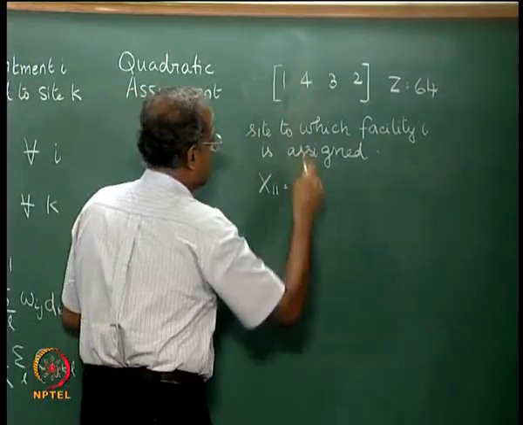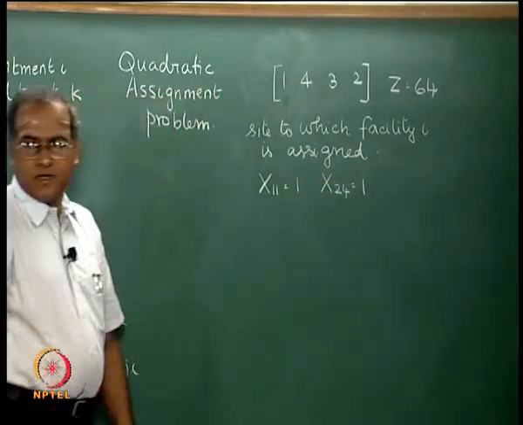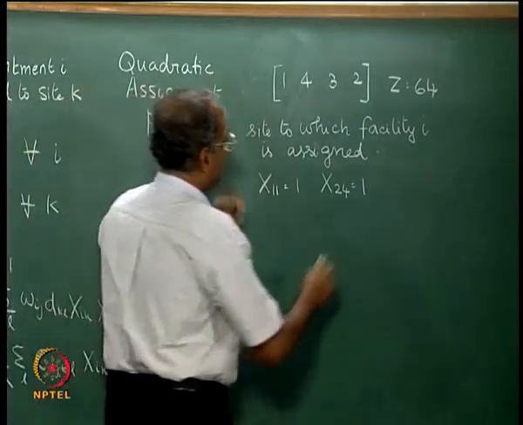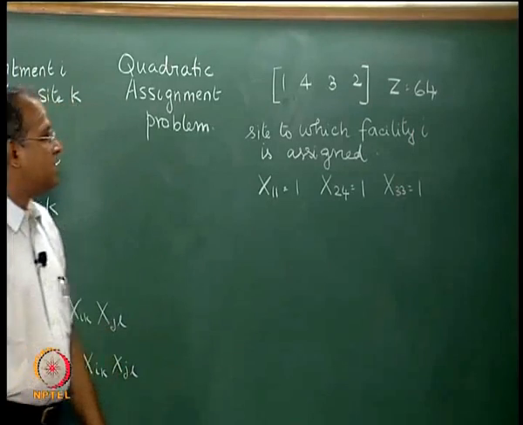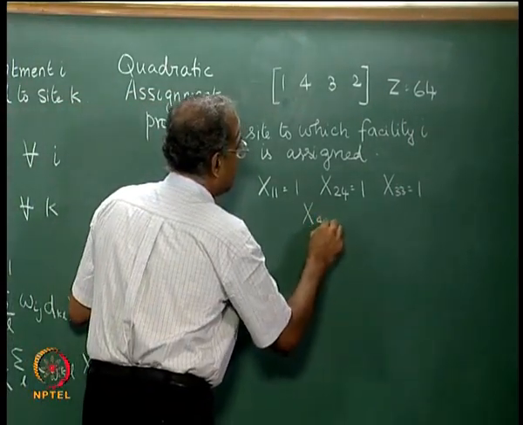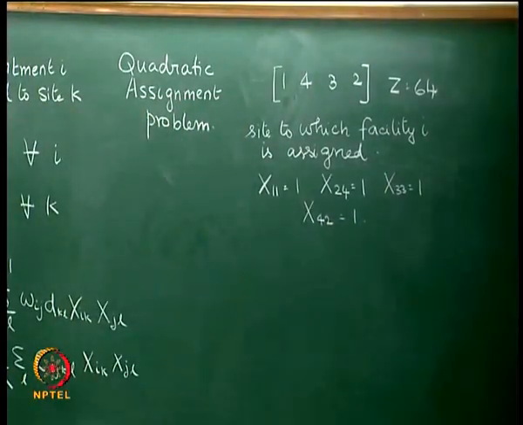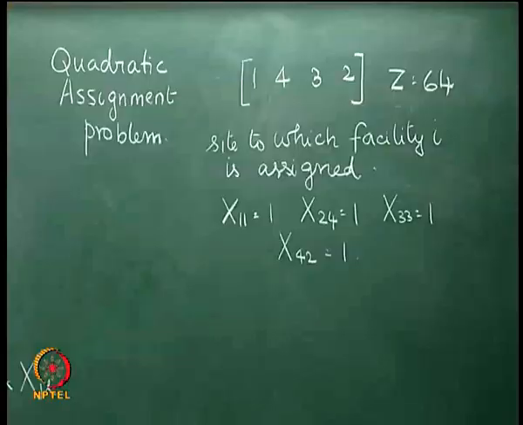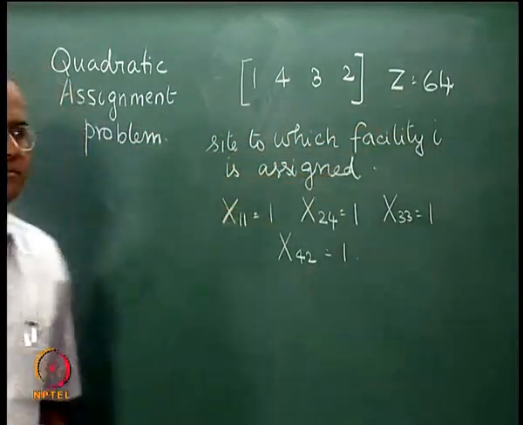Facility 2 is assigned to site 4, x_24 equal to 1. Facility 3 is assigned to site 3, x_33 equal to 1, and facility 4 is assigned to site 2, x_42 equal to 1. So, this is what this notation explains, and let us show this computation of this 64.